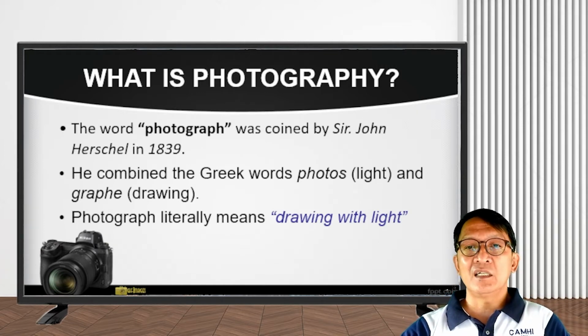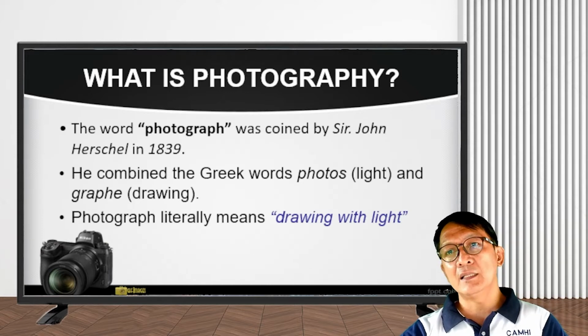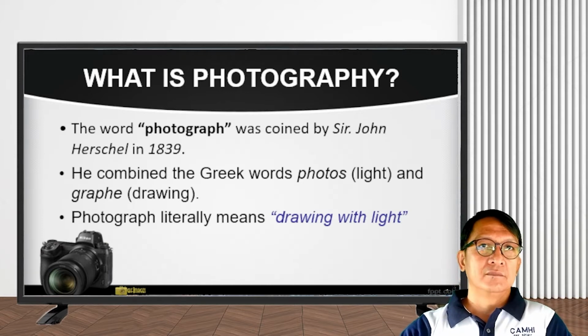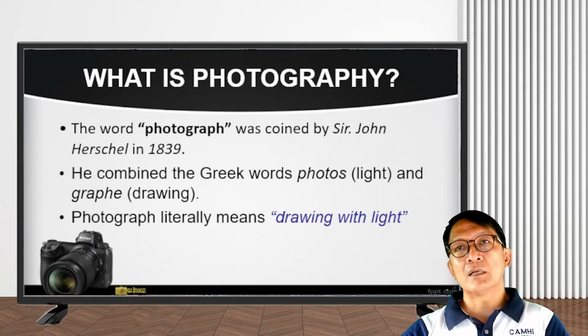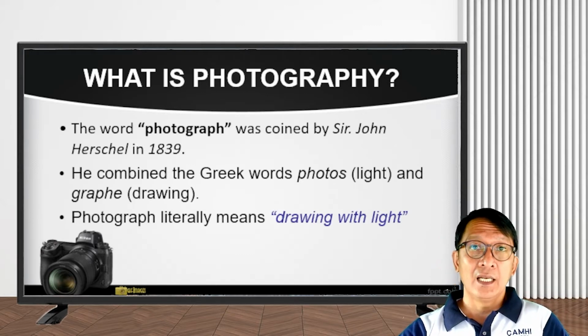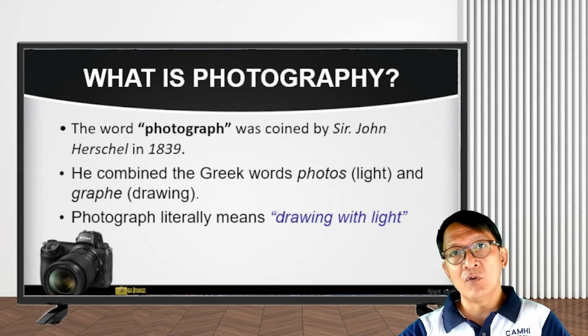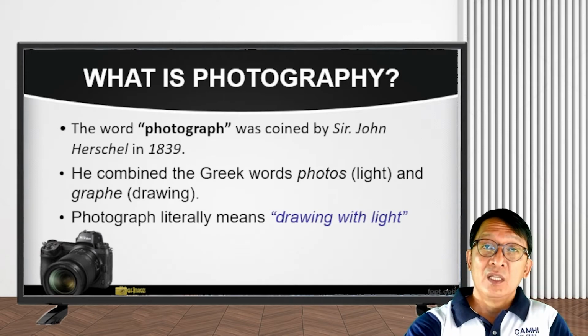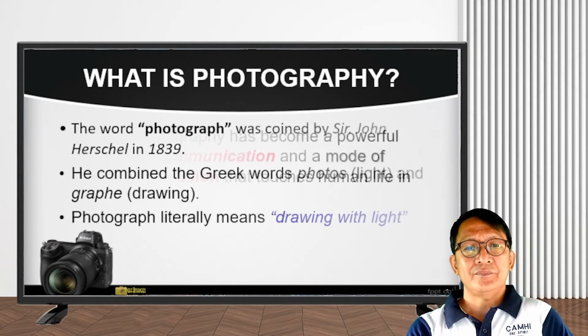He combined the Greek word photos or the light and graph, the drawing. So photograph literally means drawing with light. Kaya involved talaga ang light dun sa paggawa niya ng photograph. Okay?